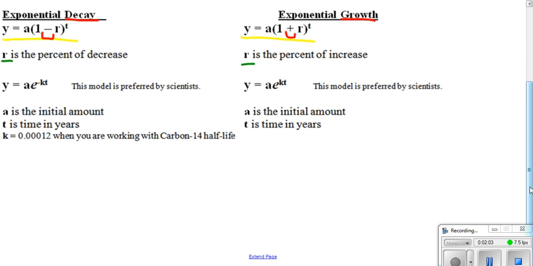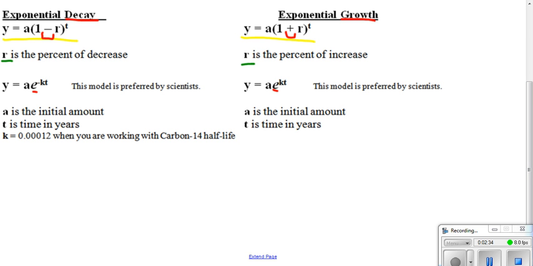Now, those are how you look at things if they're growing and you're checking them every so often. But if they are being checked continuously, or if they're continuously growing, the natural way of things, like a cell is naturally growing. It doesn't just one day say, oh, I'm instantly going to grow another cell. It's continuously happening over time. So we would use that continuous growth, or the e value.